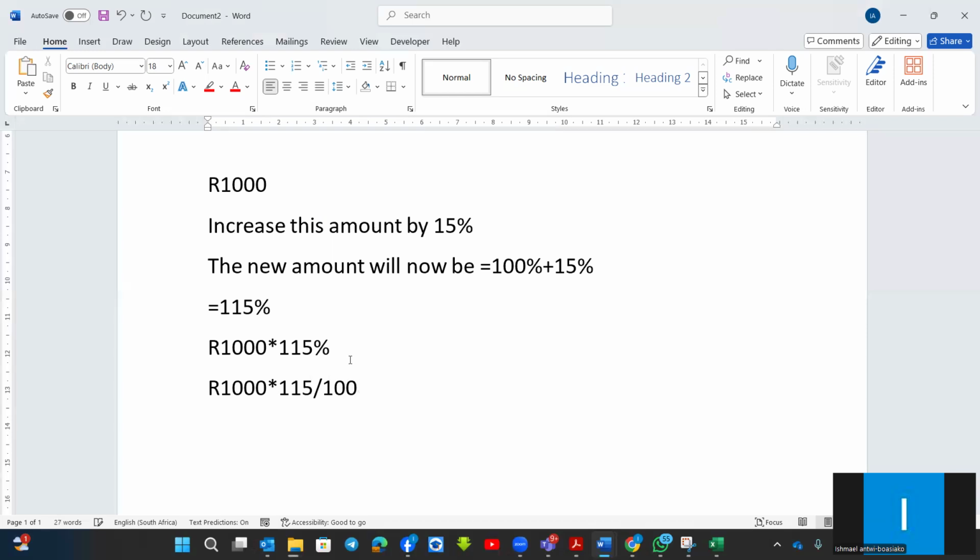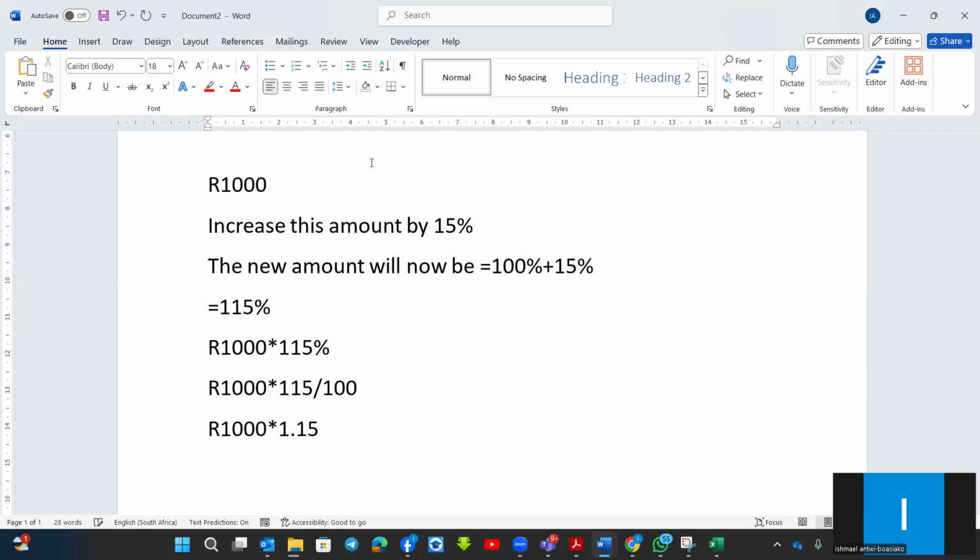Or alternatively, you can say 1,000 times 1.15. So you can just say times 115%, or 115 over 100, or you put 1, then dot that percentage that was given. So if it's 20%, it will be 1.20. If it's 30%, it will be 1.30. Right, this is percentage increase.